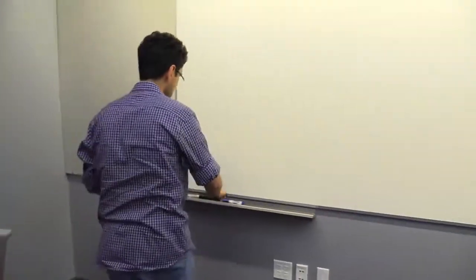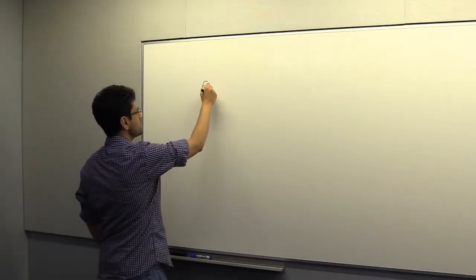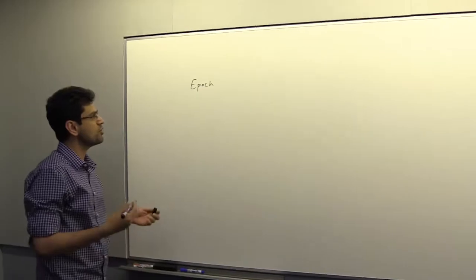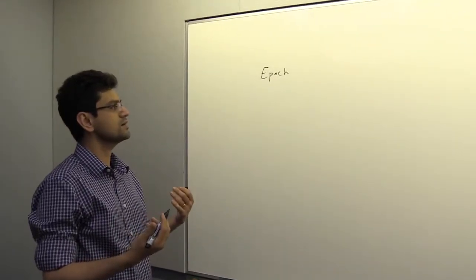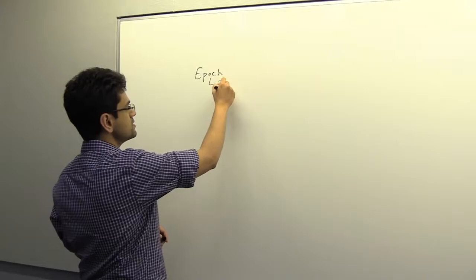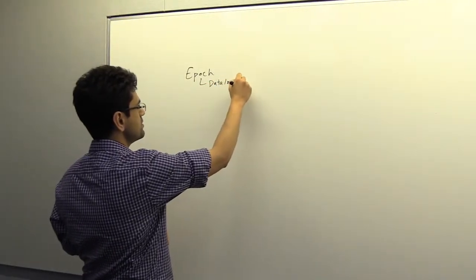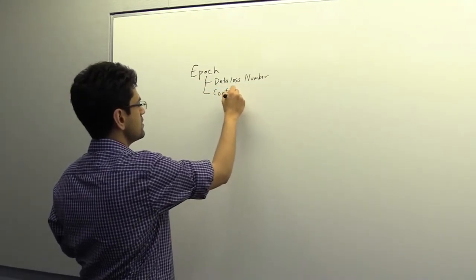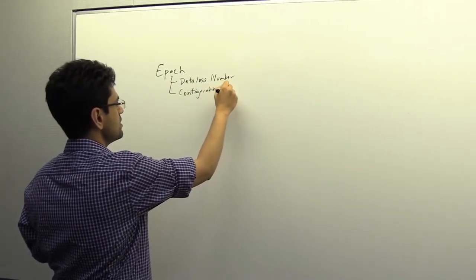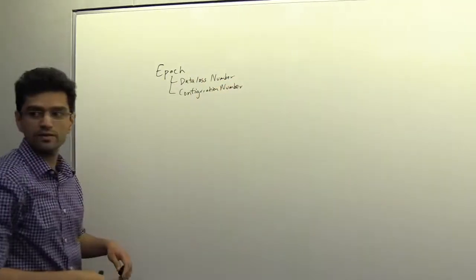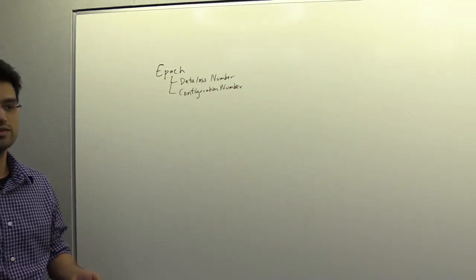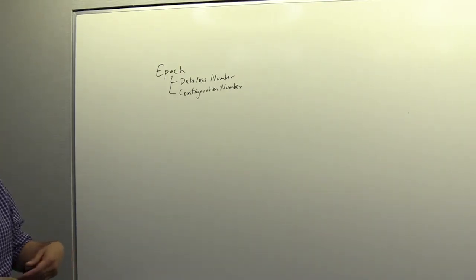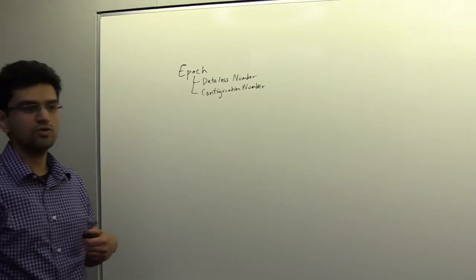Each configuration has something known as an epoch, which is a set of two numbers: a data loss number and a configuration number. These two together identify a configuration, and epochs are increasing.